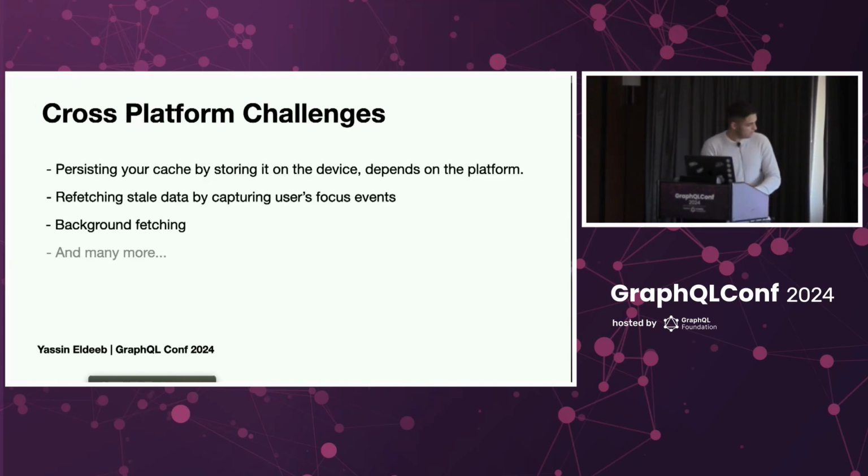And with each of those come cross-platform challenges, like persisting your cache by storing it on the device. It depends on the platform which cache storage you store it in. And you have refetching of stale data by capturing the user's focus events.